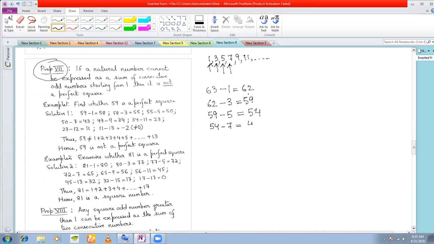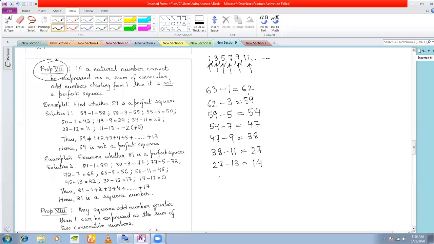Then from 47, I subtract the next number, 9, to get 38. And then from 38, I subtract the next odd number, 11, to get 27. And the next odd number from 27 will be 13. So this is 14.